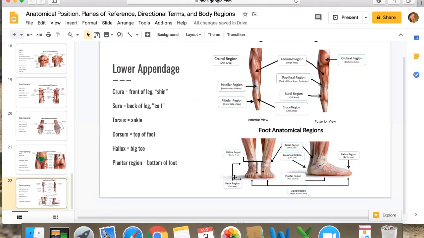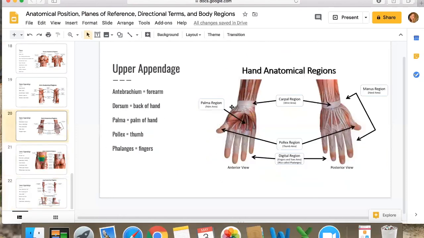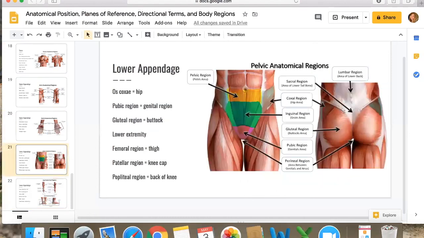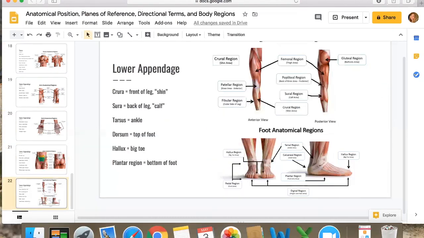So some similarities there just to think about in the back of your brain. And then you have the hallux, which is the big toe, versus the thumb on the hand, which is the pollex. Those things we'll keep in mind. They'll be helpful when you do go on to naming muscles and such.